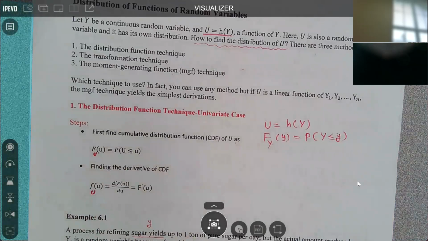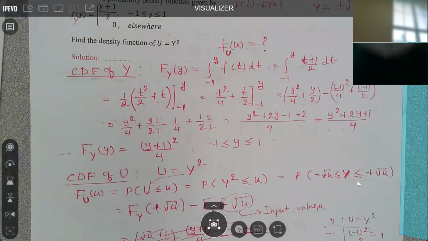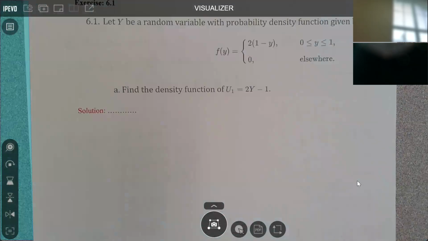That's what we do. Last time we did two examples before. Now we want to do example 6.1 here.